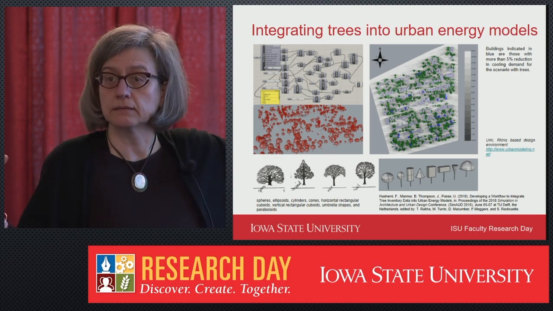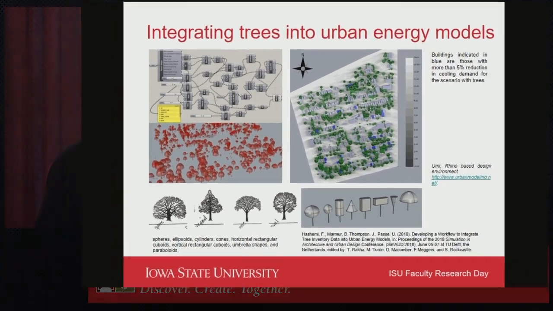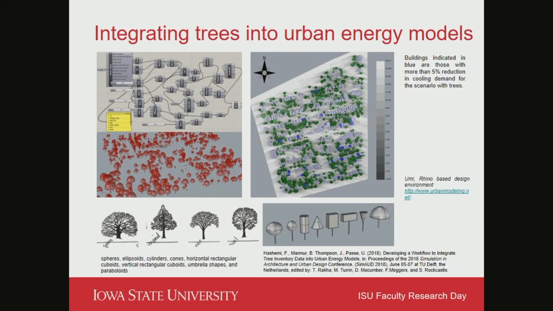So you see here lots of data-related work: a neighborhood in Des Moines, and an algorithmic computational tool to digitally plant trees in the neighborhood. We worked with colleagues in urban ecology to characterize trees, making 8 sample shapes of trees out of 50 species.